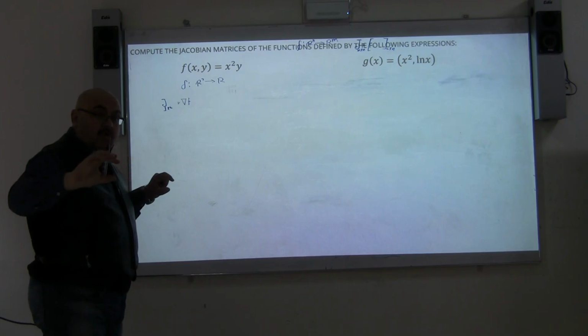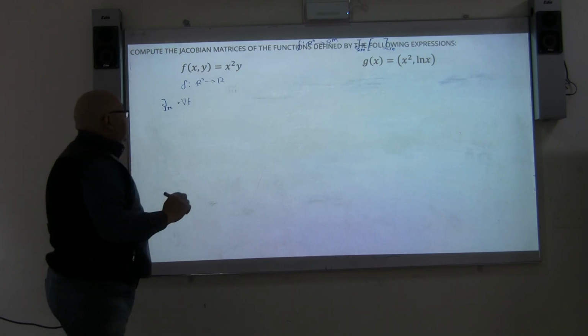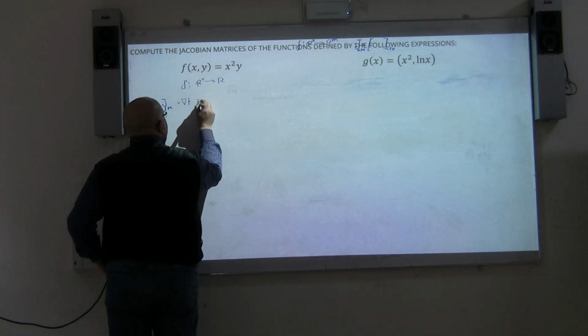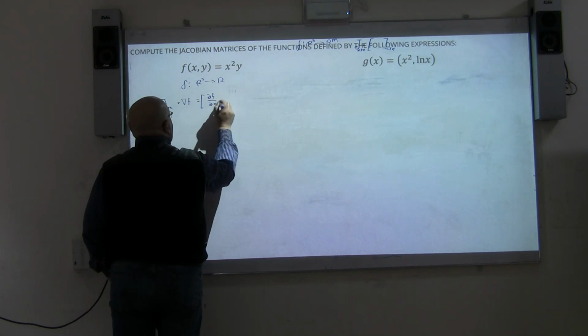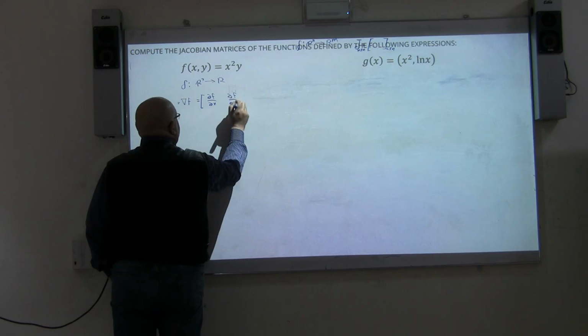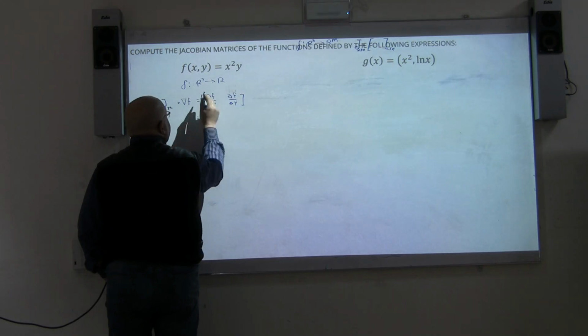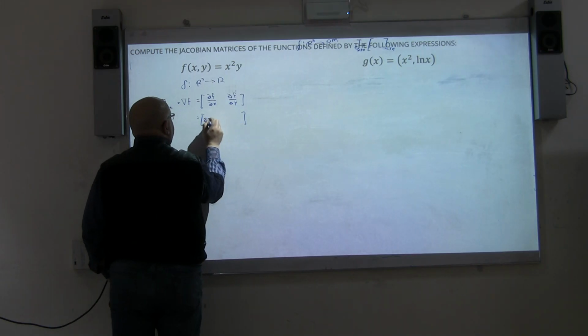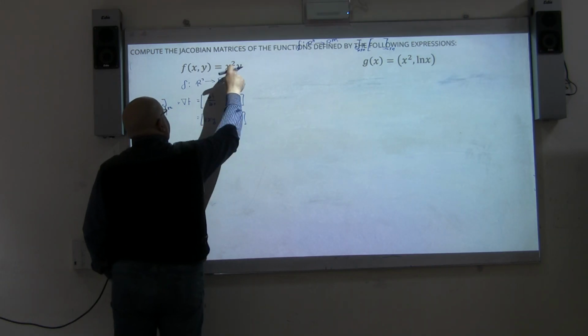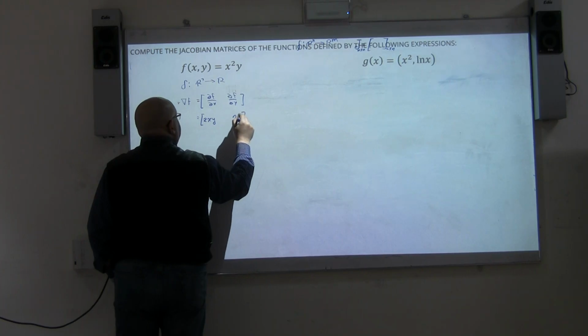The gradient is a row. Can you tell me how to do it? Partial f partial x, partial f partial y. So the gradient vector in this case will be 2xy, and x squared.